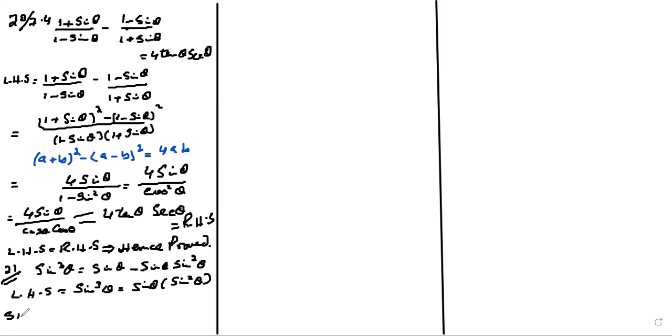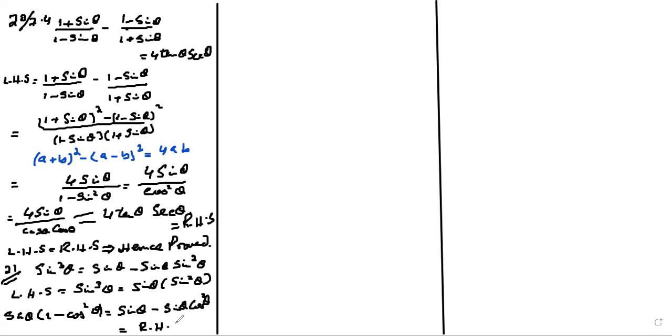So we can write it as sine theta times (1 minus cosine square theta), which equals sine theta minus sine theta times cosine square theta, which is the right hand side.